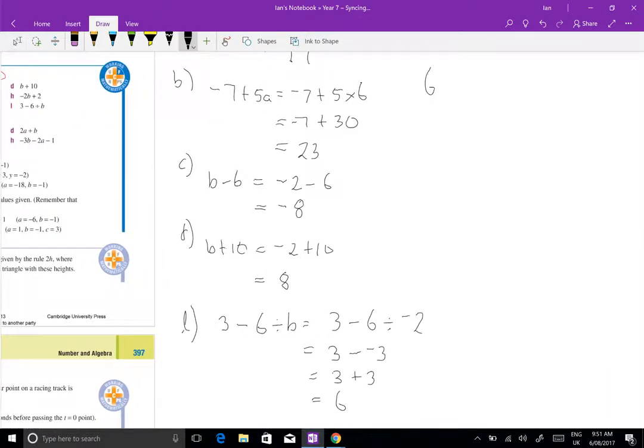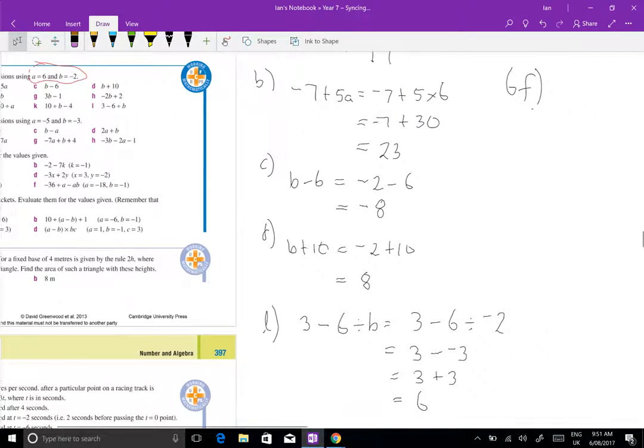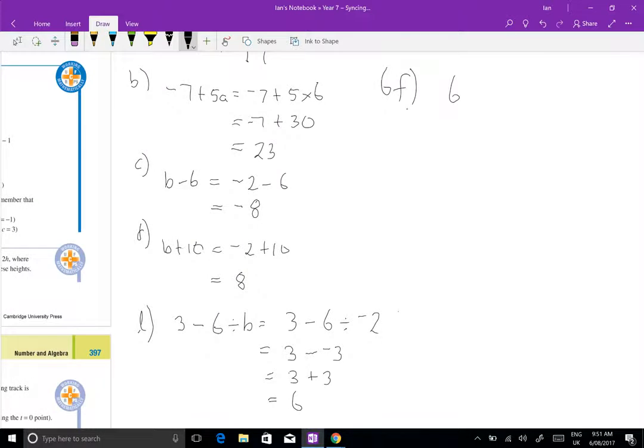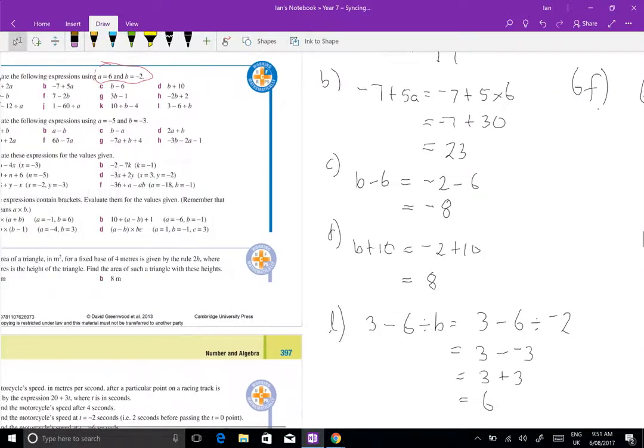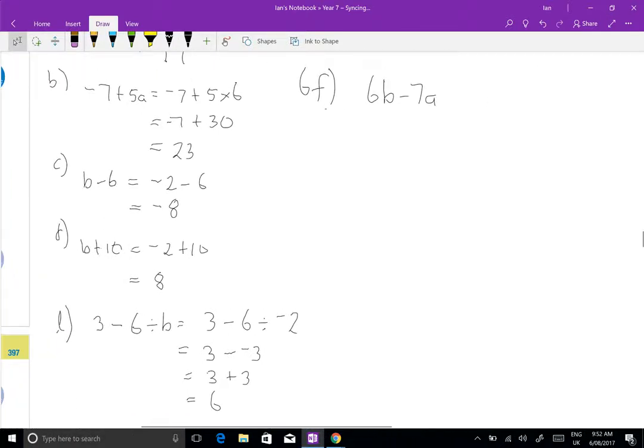So 5F. I write the expression 6B minus 7A. And A, they say to let A equal -5 and B equal -3.